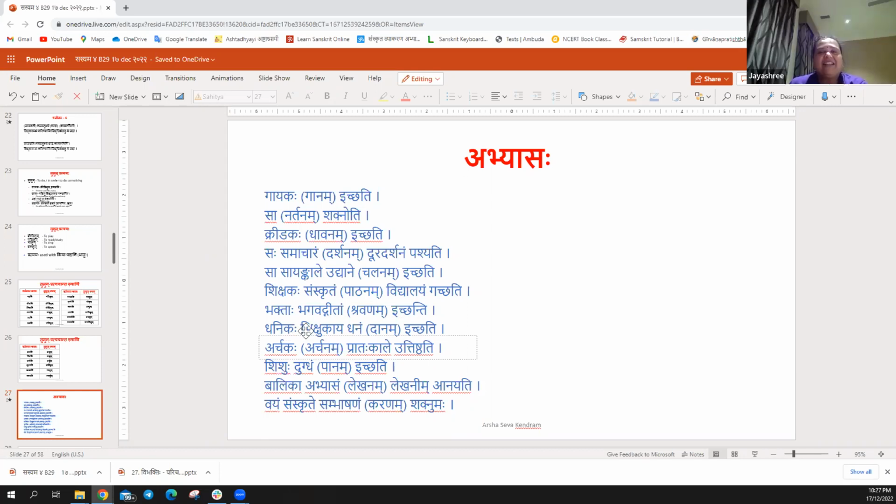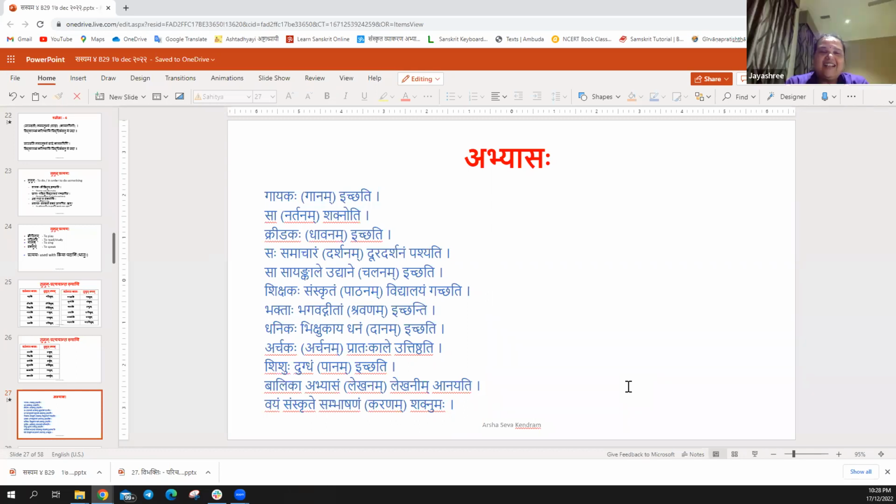Okay. Pran Mahodaya. Dhanikaha bhikshukaya dhanam danam ichati. Dhanikaha bhikshukaya dhanam datum ichati. Yeah, ichati. Oh, vocabulary. Dhanikaha, is it a name?